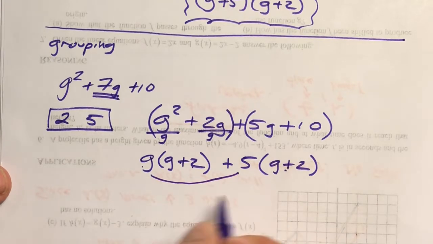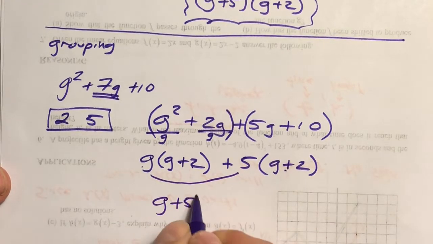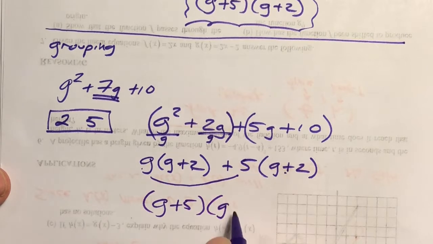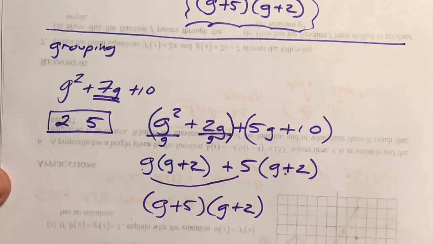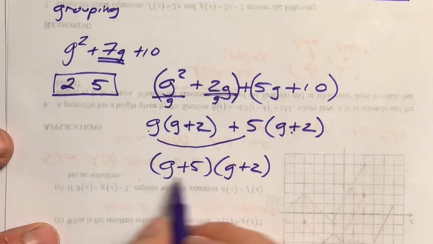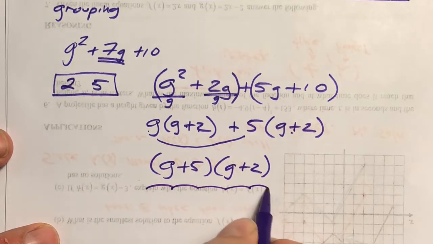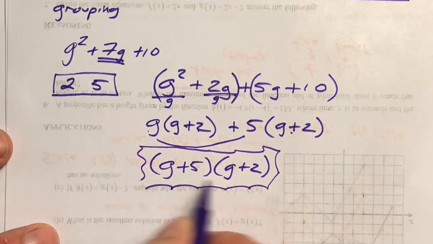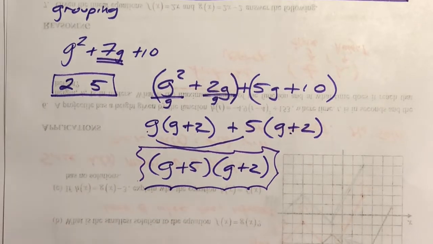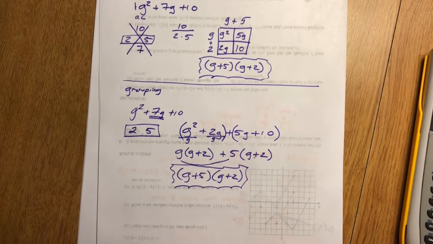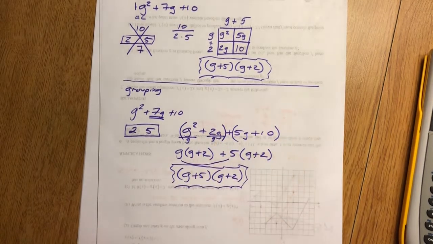So here's my first factor, G plus 5, and G plus 2. Before you ask, it doesn't matter what order. I could have G plus 2 first and G plus 5 after, because we're multiplying these, so the order does not matter. So we looked at two different methods, and we got the exact same factors.